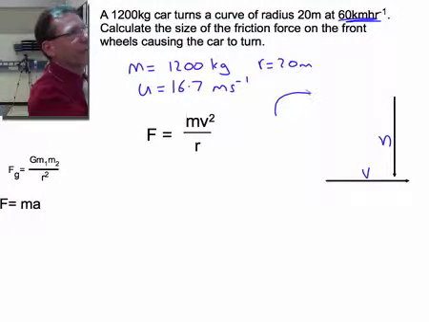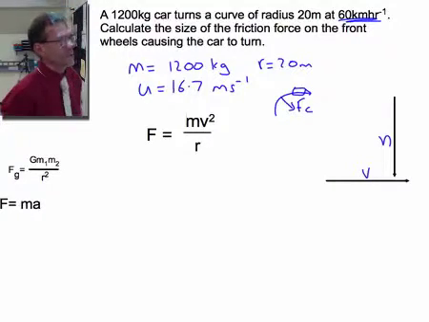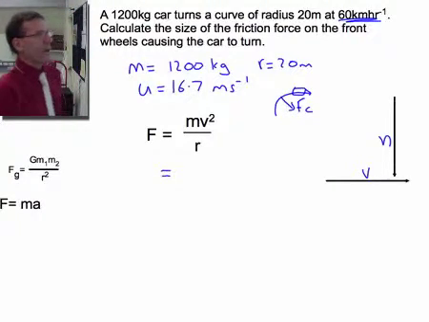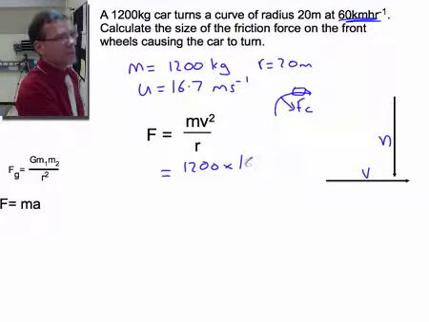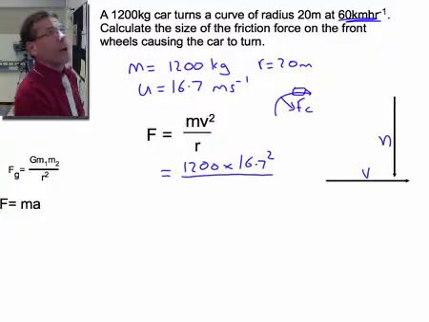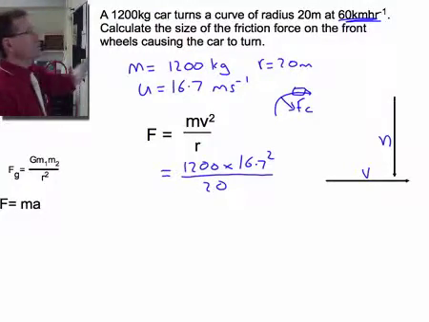So here's my car turning through its circle, and I'm trying to find out what's the size of the centripetal force there. And I can very simply just substitute this in. It's 1200 times 16.7 squared divided by 20 metres.